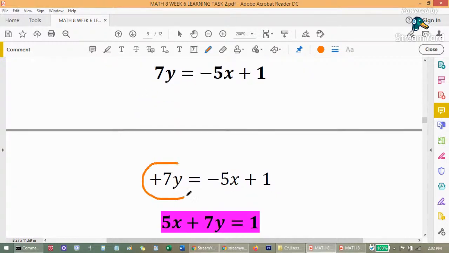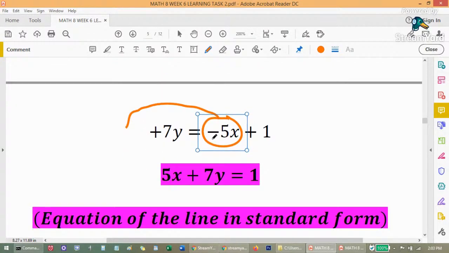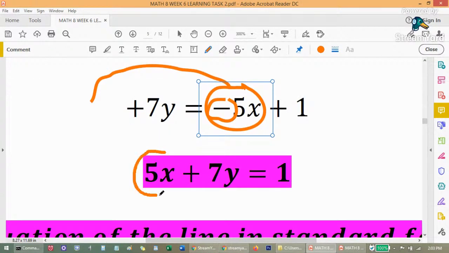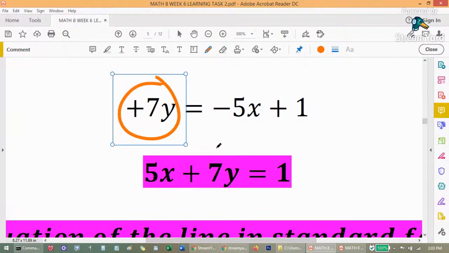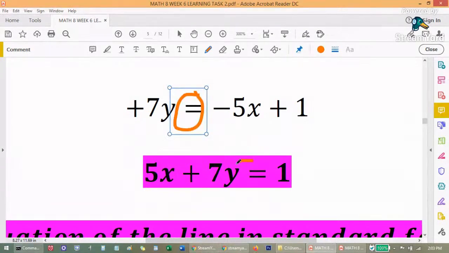So, kapag meron ng plus dito, ililipat lang natin tong negative 5x dito sa position na to. Yung negative ay magiging positive 5x. So, negative 5x ay magiging positive 5x kapag nandito na. Plus 7y equals 1.